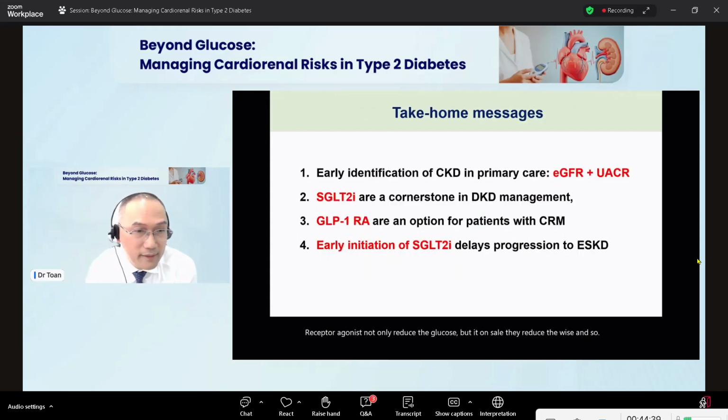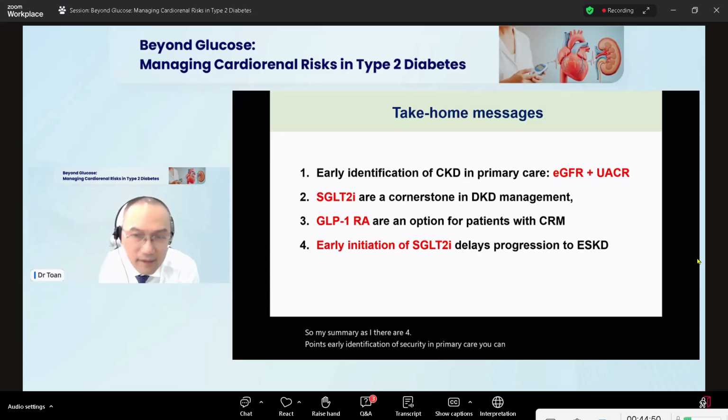In my summary, there are 4 points. Early identification of CKD in primary care, you can use eGFR, and urine albumin to creatinine ratio is important.